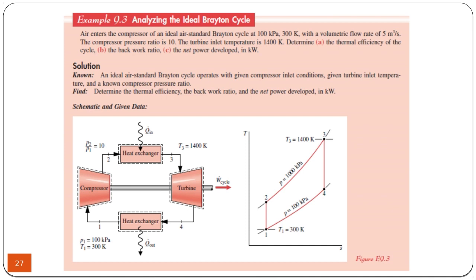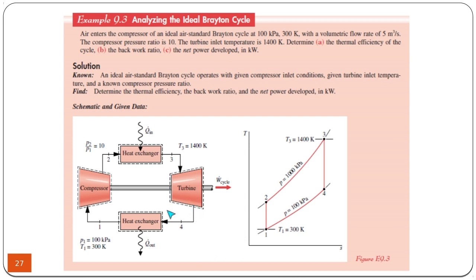Now we are given a Brayton cycle. As you can see, this is an idealized Brayton cycle because there is no air inlet, there is no exhaust. Instead, to represent the inlet and exhaust, we have put a heat exchanger here to reject heat, which represents the exhaust process.